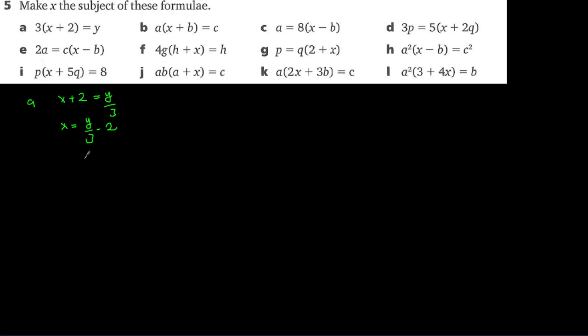You can use this method, or for the A1 again I'm solving: 3 times x plus 2, if it's equal to y, 3x plus 6 is going to be equal to y also. So 3x is equal to y minus 6, x is equal to y minus 6 over 3 also it will be. And what is the difference between these two?